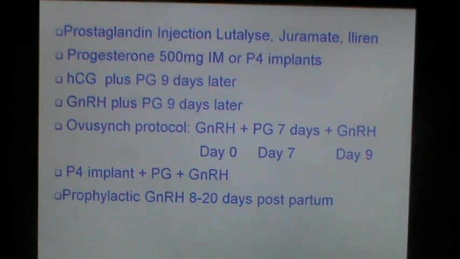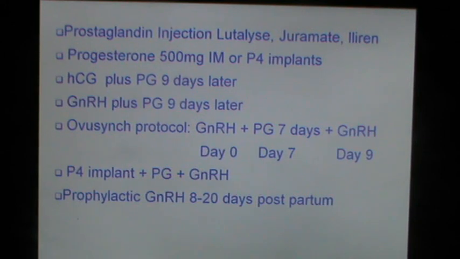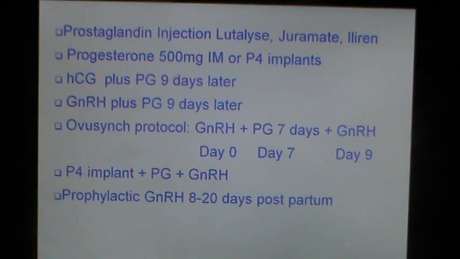Administration of progesterone implant plus prostaglandin plus a GnRH has currently been suggested because it's difficult to delineate the type of cyst. Some scientists and clinicians suggest the combined administration of prostaglandins, GnRH and progesterone.